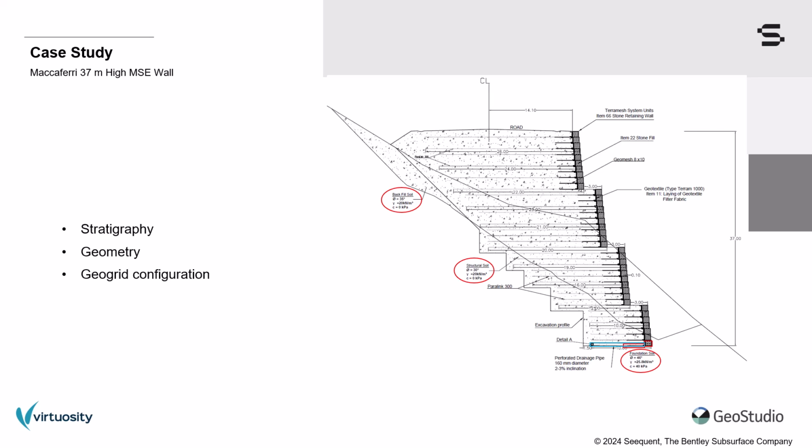A Maccaferri 300 geogrid, shown in blue, was then installed prior to the construction of the next layer. The length of each Paralink geogrid was governed by the distance from the wall to the face of the hill slope. Let's now turn to GeoStudio and review the setup of this analysis.